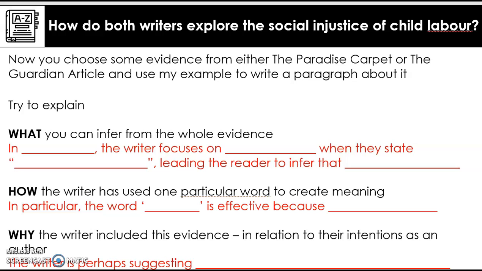A good way of opening that part is to say, "in particular, the word," a word from the evidence, "is effective because." And then after that, you focus on why the writer included this evidence in relation to their intentions as an author. Another way of thinking of that is, what's the big idea they're trying to explore and express? You could start that sentence with, "the writer is perhaps suggesting."